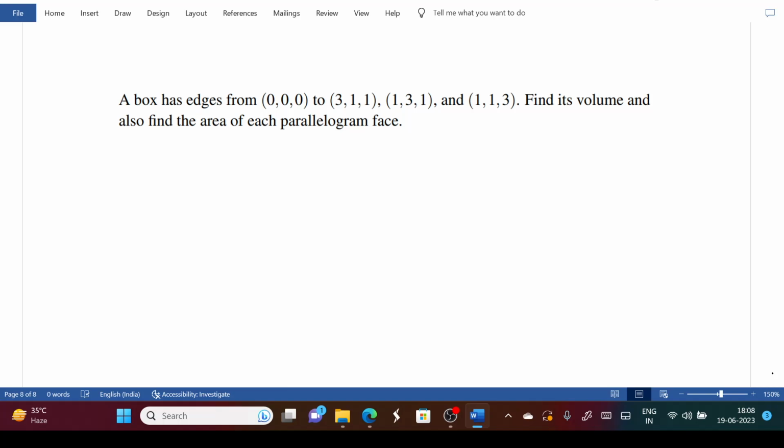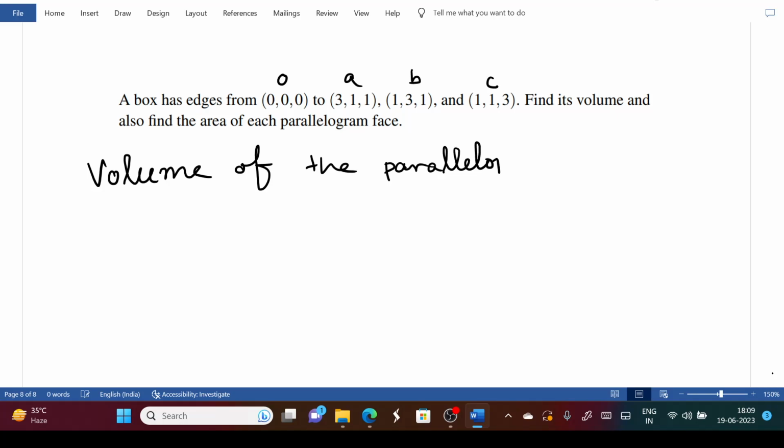Now suppose this point is A, this point is B, this point is C, and this point is the origin O. So the volume of the parallelepiped is equal to the determinant 3, 1, 1, 1, 3, 1, 1, 1, 3, in cubic units.